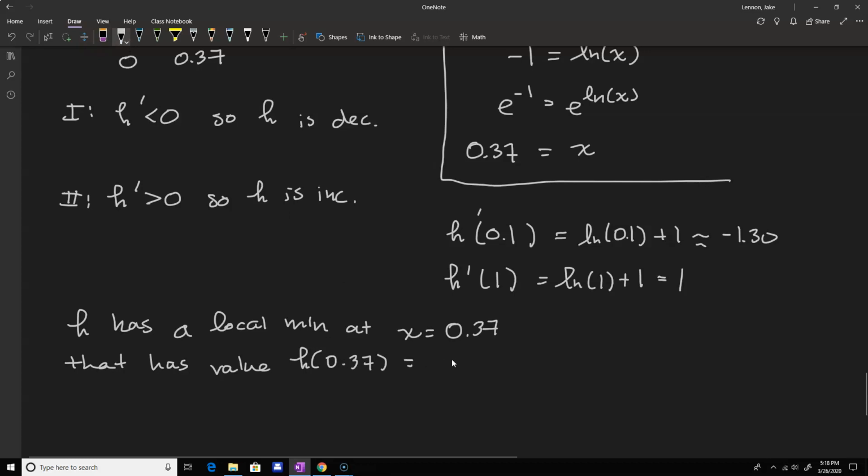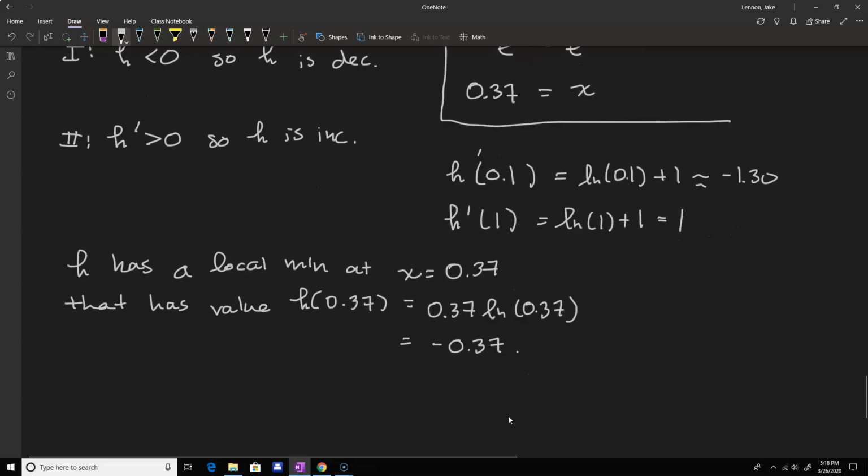So that's going to be 0.37 times the natural log of 0.37 when you plug that in. So let's see what we get on the old calculator. So we get negative 0.37 about. Again, I'm just rounding to 2 decimal places.